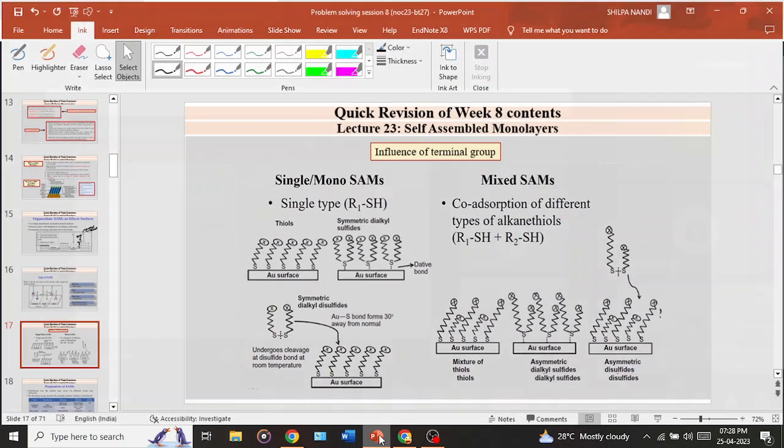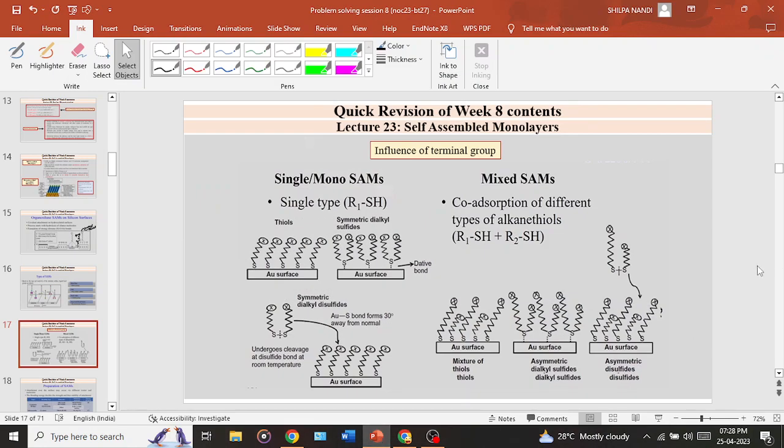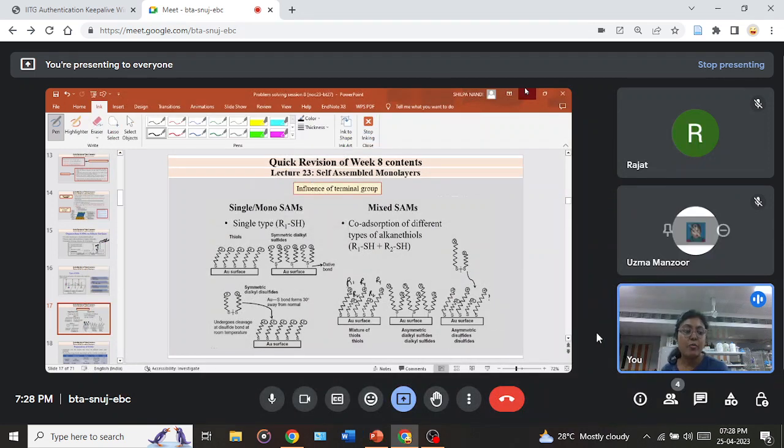I can mark it here: this can be R1, this is R2, R1, R2, R1. So you can have mono SAMs containing a single type of functional group, and you can also have mixed SAMs.